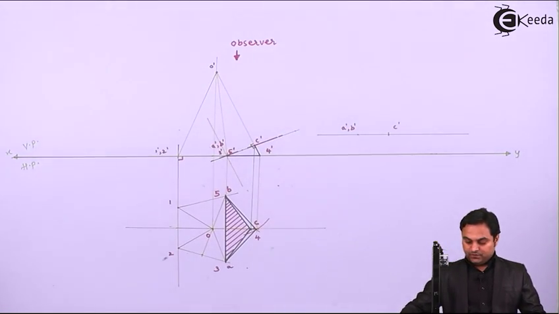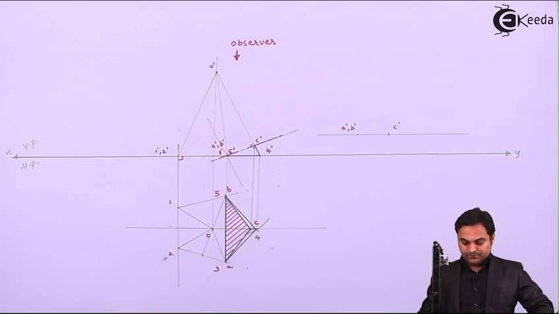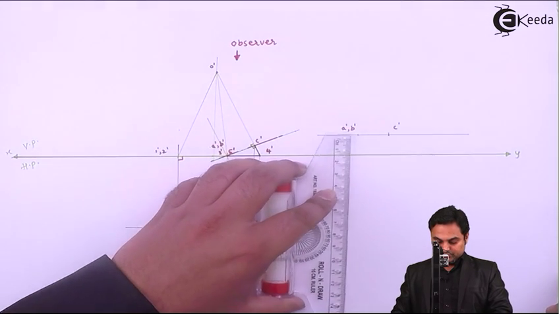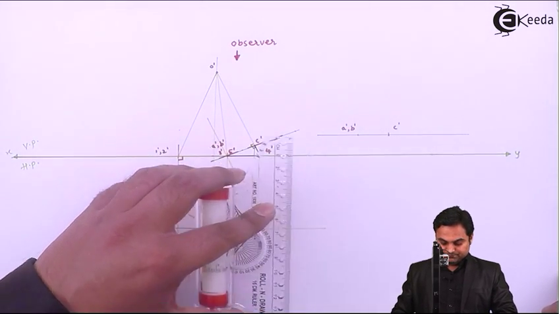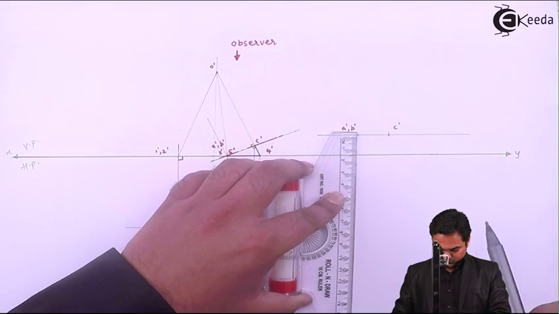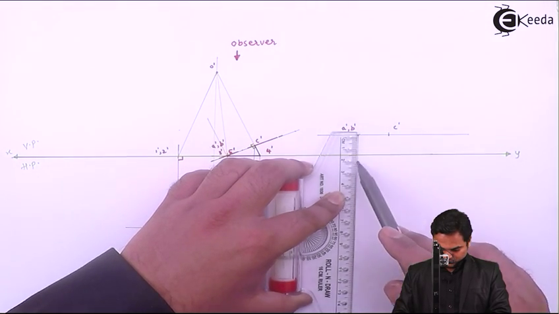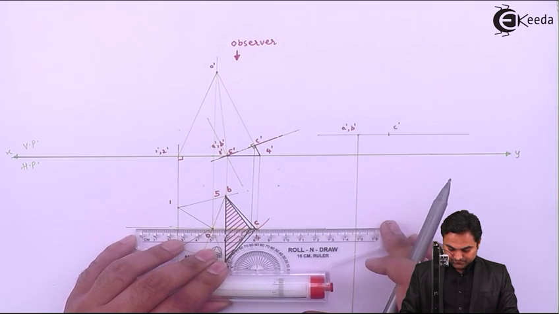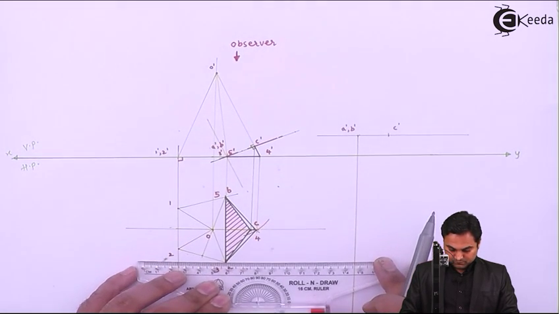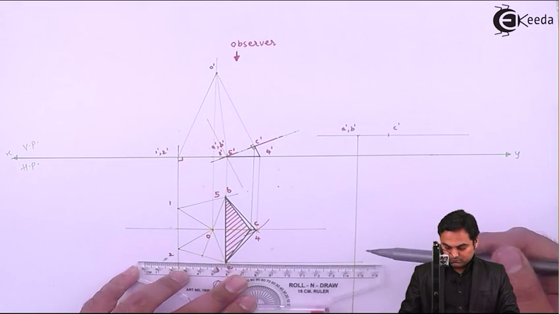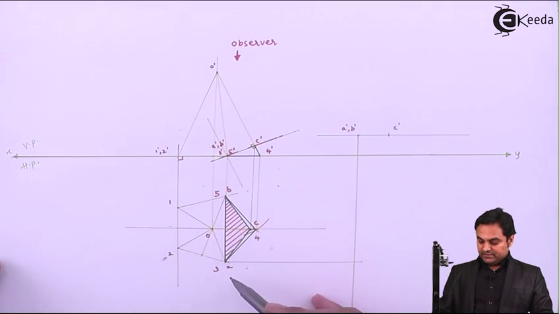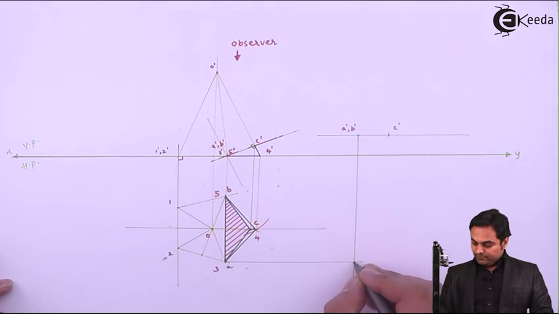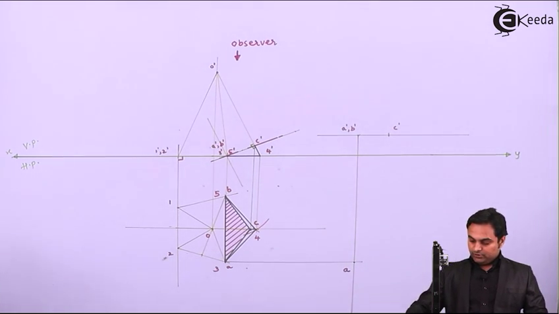And then for the true shape of the section, we see A dash B dash are onto the same point, so projecting them. Here we have point A in the top view. Wherever A dash and A they intersect, that will give me point A in the top view.